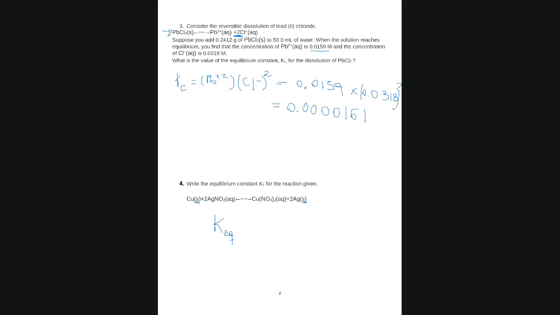We start with the products and we say, okay, concentration of the product divided, and I look at the coefficient is 1, okay. And then on the other side, I don't include silver because there is an S. And then on the other side, I go silver nitrate, the concentration of silver nitrate, but there is a 2, so I need to raise to 2.